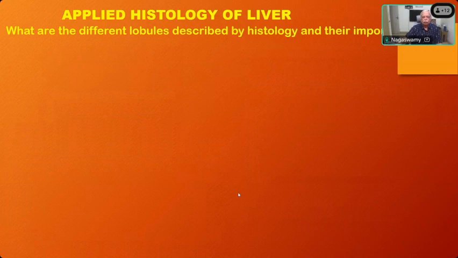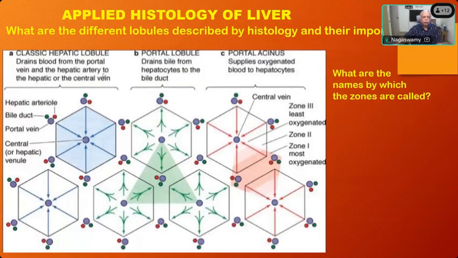So there are three important things. This picture I am going to show you will tell you this is the classic hepatic lobule, which has got a hexagonal structure, six-sided structure. It is all imaginary lines. It doesn't look like that when you cut and see it.